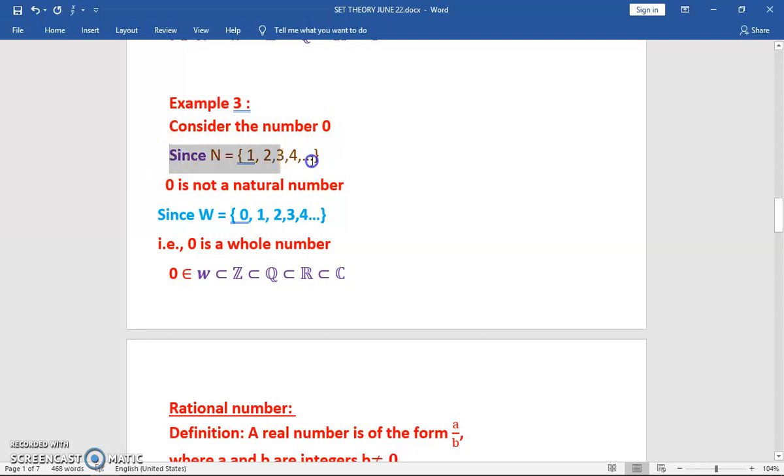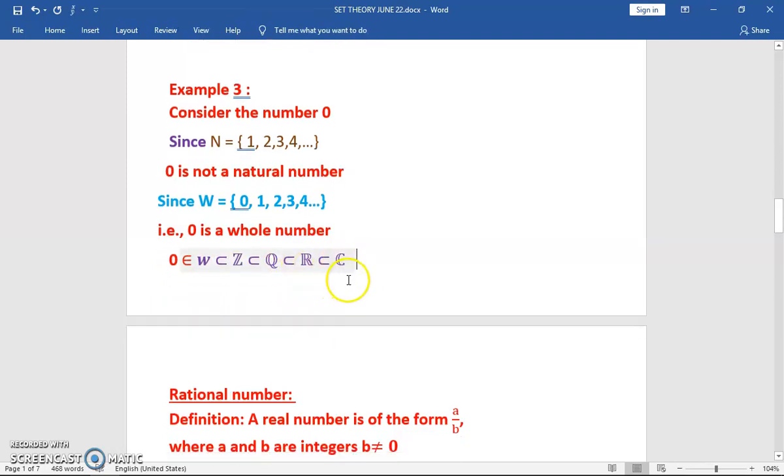Since the natural numbers are 1, 2, 3, 4, etc., 0 is not in this set N. So we say 0 is not a natural number. Since W is 0, 1, 2, 3, 4, we say 0 is a whole number. So in this chain, 0 belongs to W. The chain continues from W to C. And we can say 0 is a whole number, integer, rational, real, as well as complex number.